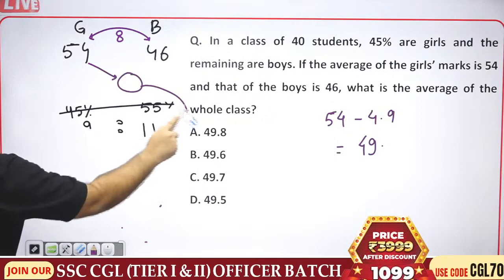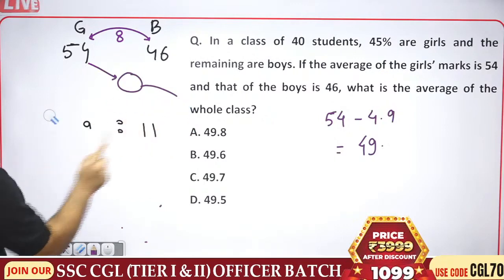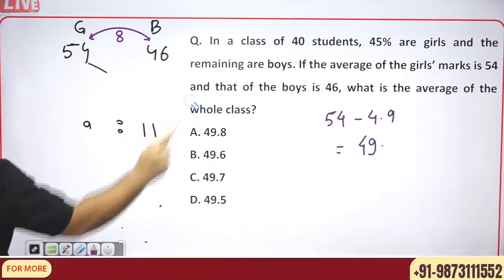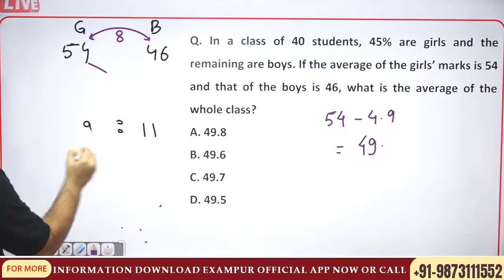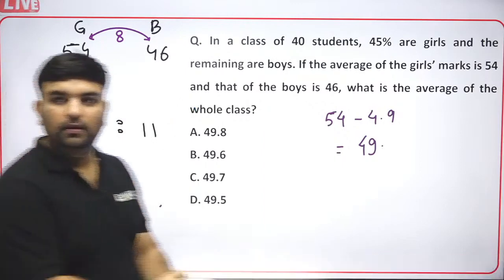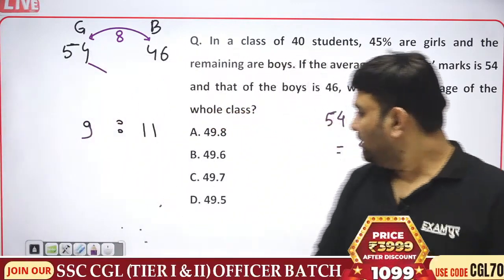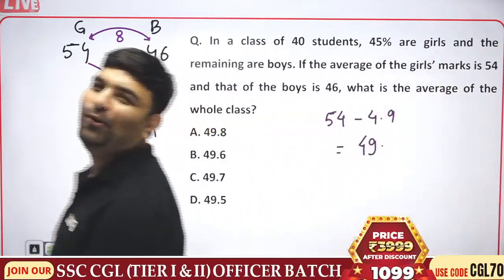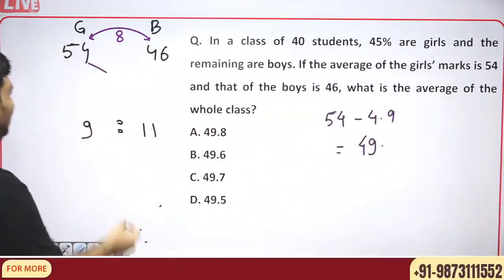First do it completely, then we will see why this is happening. 9 and 11, this was 20.